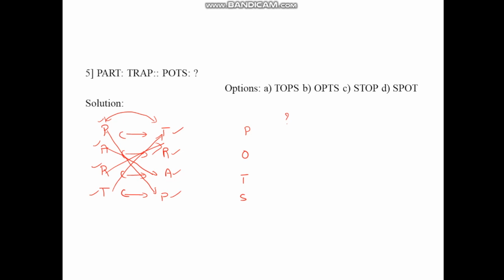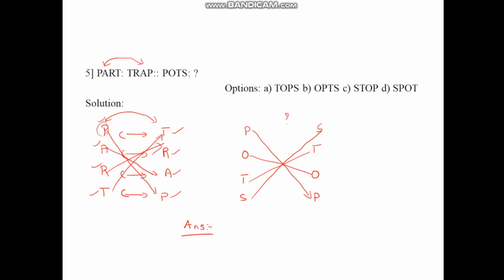In a similar manner, P must be in the fourth position, O must be in the third position, T must be in the second position, and S must be in the first position. So my answer here, very simple, is just to check whether the letters are repeating in the first and second series.